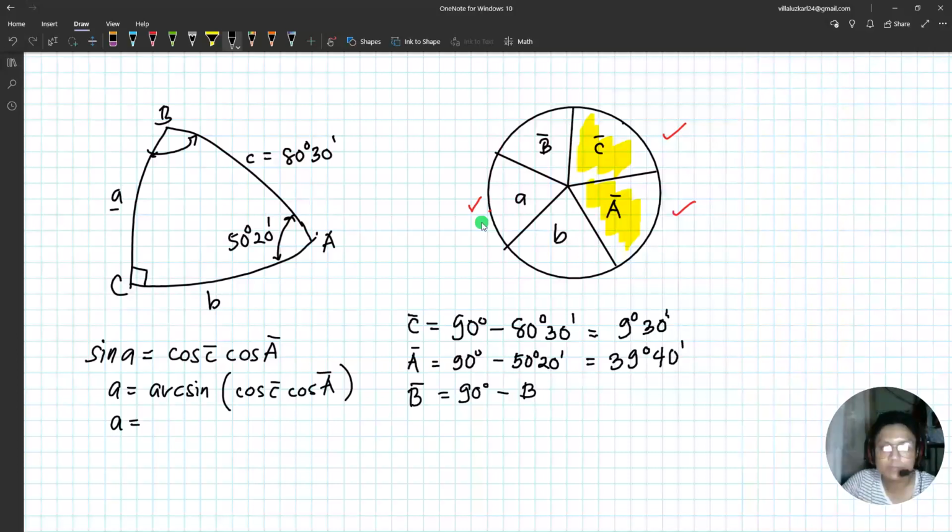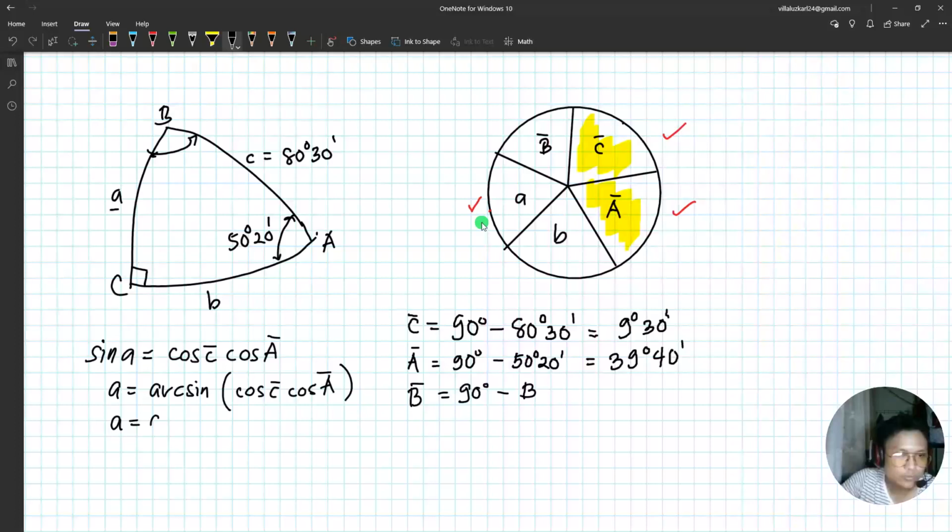Think of the best possible way of solving for the unknown that is most convenient for you. As you can see, selecting A as the middle part is the best solution.